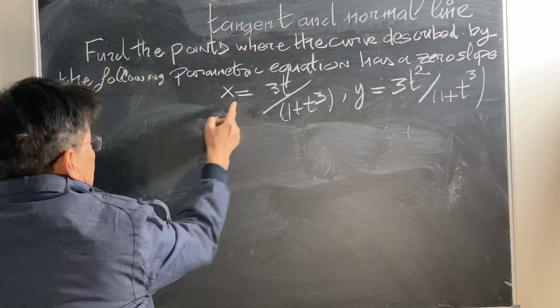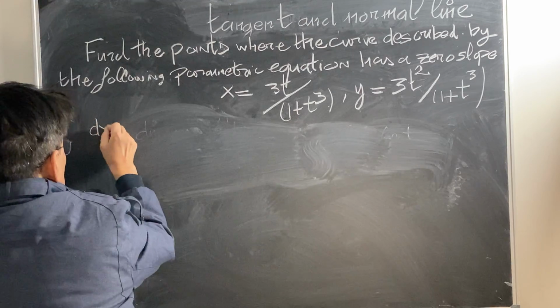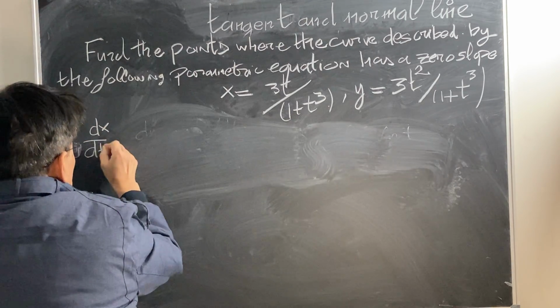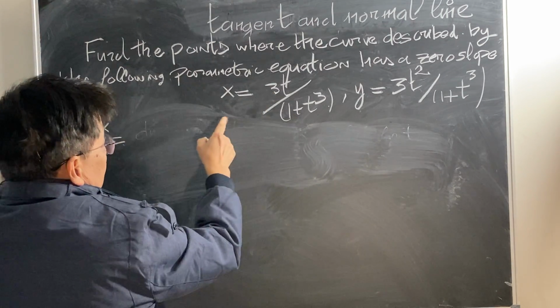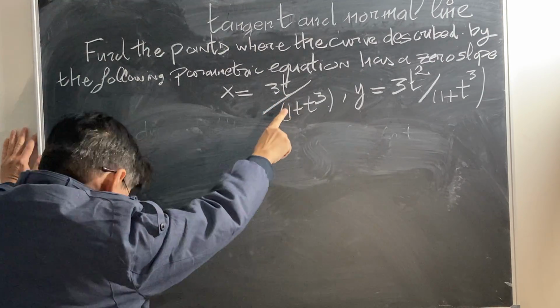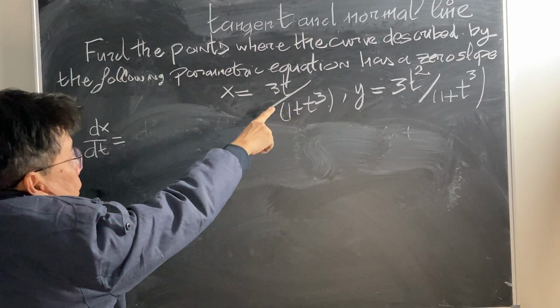Okay, so let's take the derivative of this, dx over dt. This is a fraction, a quotient, so use the quotient rule.